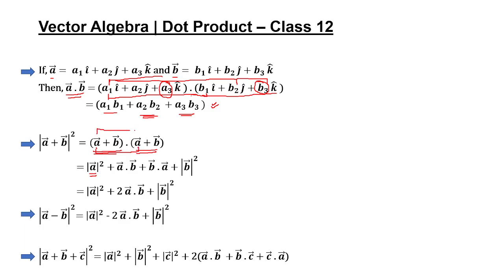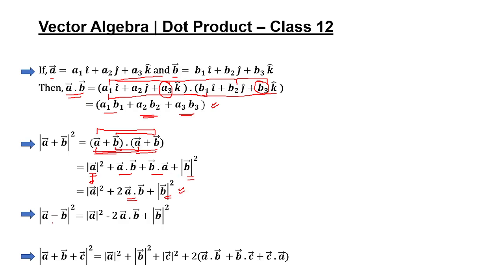Next, A dot B plus B dot A plus B dot B, that is equal to modulus of B square. So that is equal to modulus of A square plus 2A dot B because of commutative property of dot product plus modulus of B square.